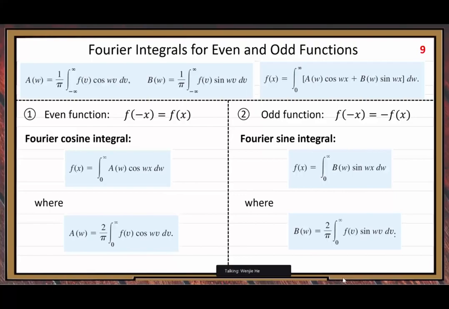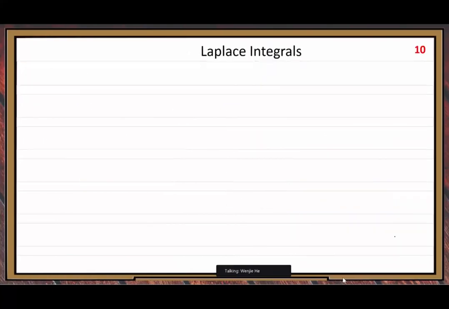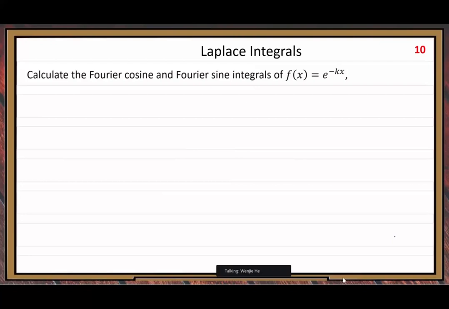Next, our last topic of Module 4, Part D. Before we do that, we do a simple special example, the Laplace integral. We want to see anything special we can get.